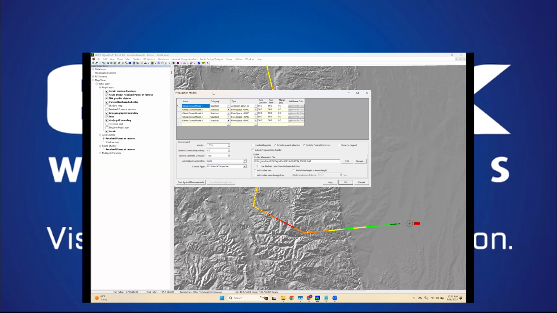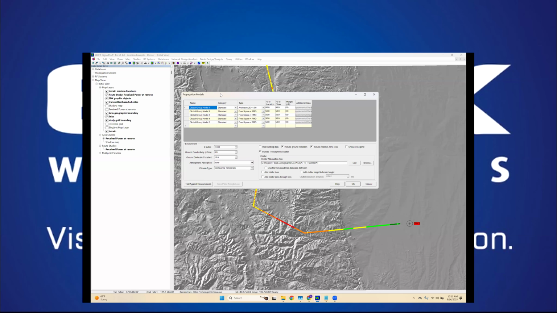And my land use, land cover data, if I want to include that in the calculation, maybe because I have especially tall trees sitting along terrain ridges, and I want to make sure I'm being extra conservative, I can switch on this add clutter height to terrain height, and that will simply account for the height of the clutter when looking for line of sight.